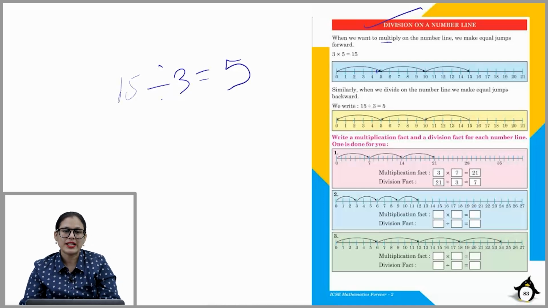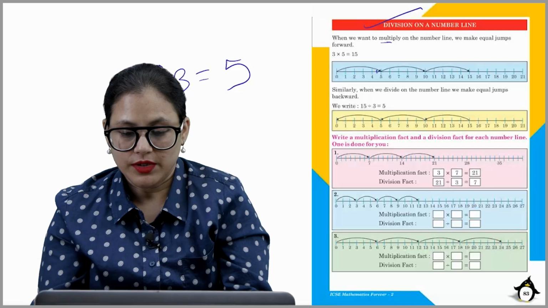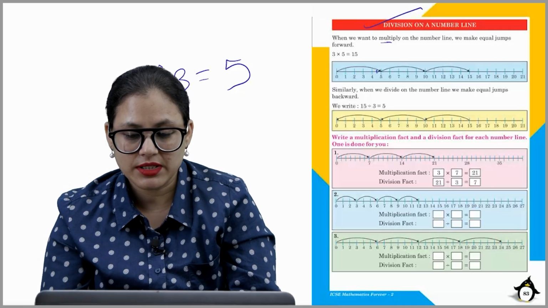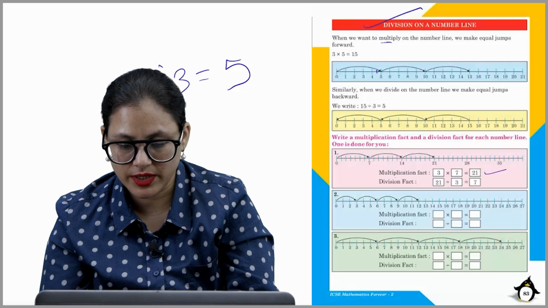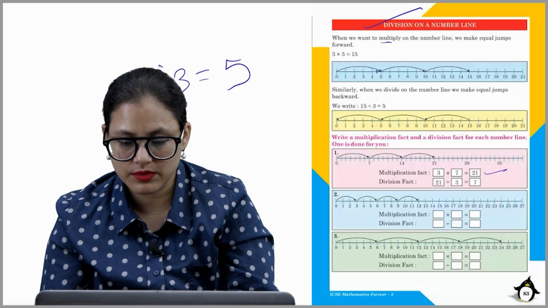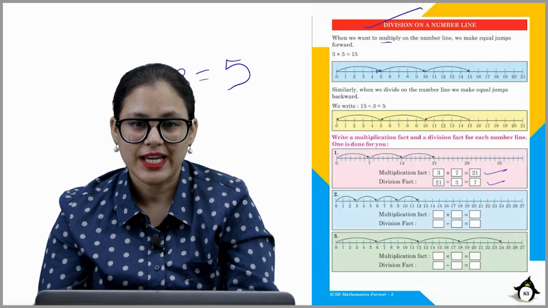Okay. Now, write a multiplication fact and a division fact for each number line. Okay. See, one has been done for you. Multiplication fact is 3 into 7, 21, and 21 divided by 3 is 7. Okay.